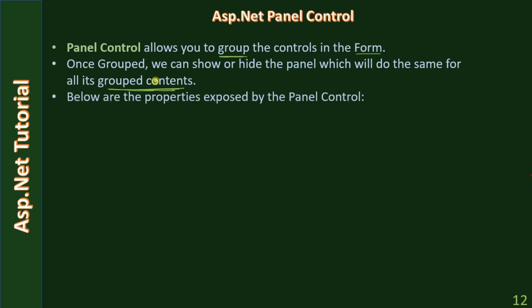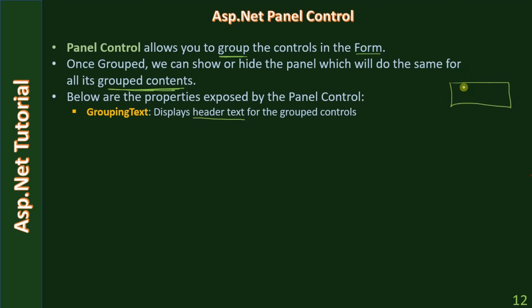Below are the properties exposed by the panel control. One is grouping text, which displays header text for the grouped controls. Header text in the sense that if you place a panel, you can display the header here in the panel.